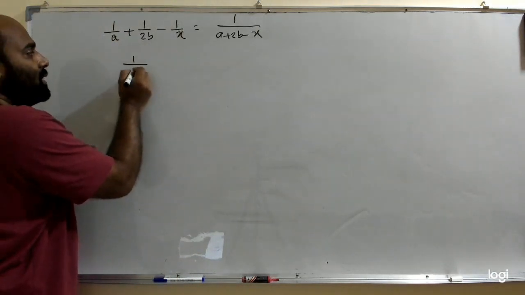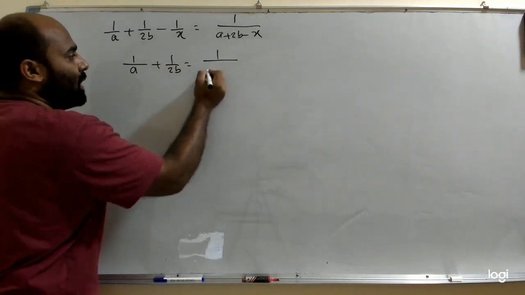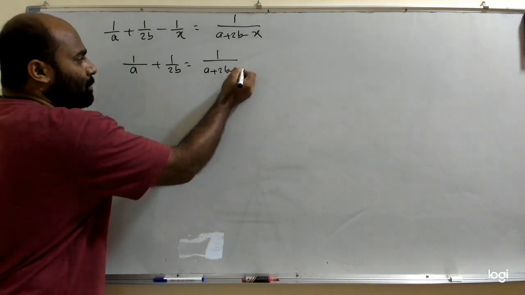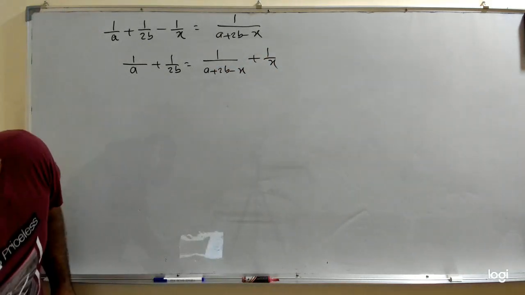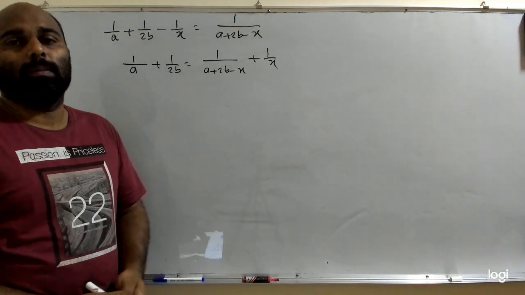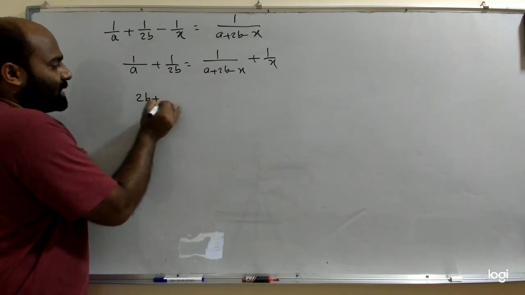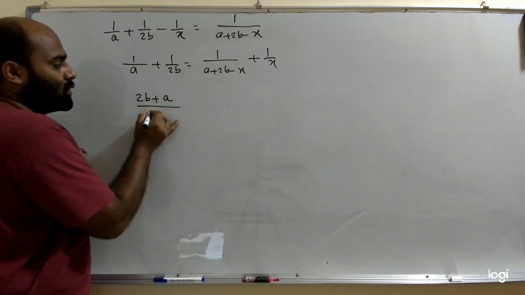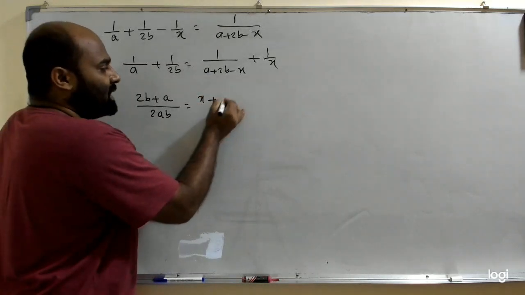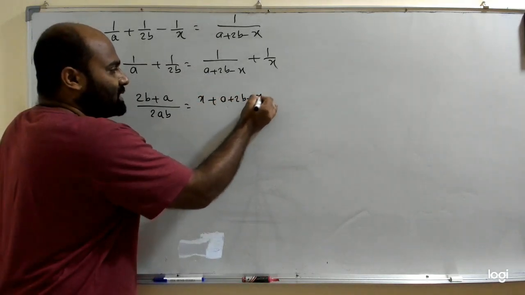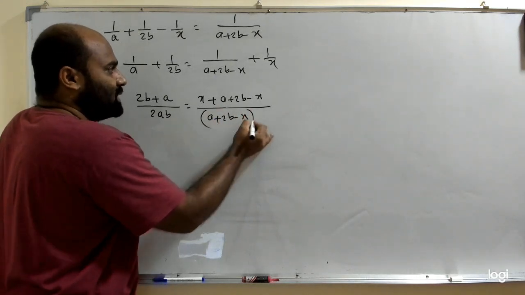So it will be 1/a + 1/(2b) = 1/(a + 2b − x) + 1/x, like that we have to proceed. Now take LCM. It will be (2b + a)/(a·2b), which is 2ab, equal to (x + a + 2b − x) divided by (a + 2b − x)·x.